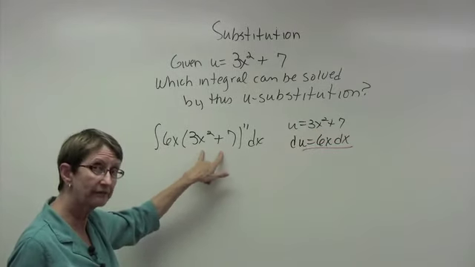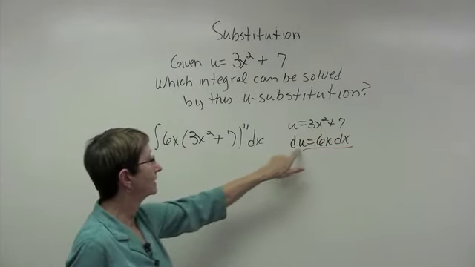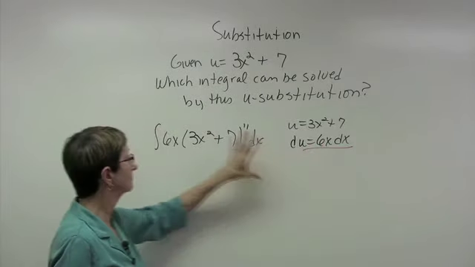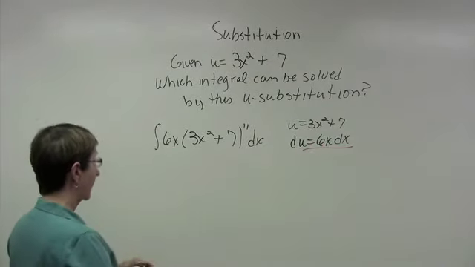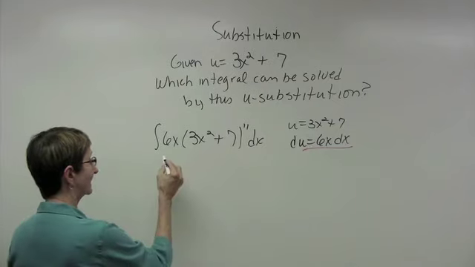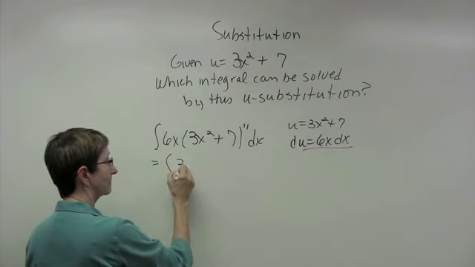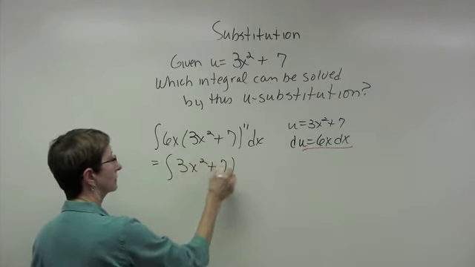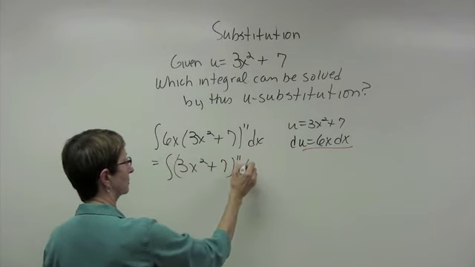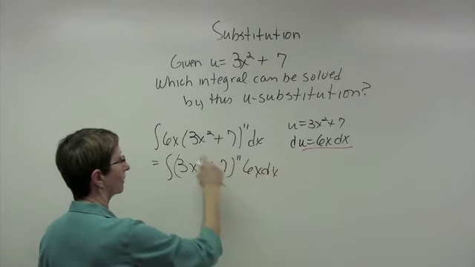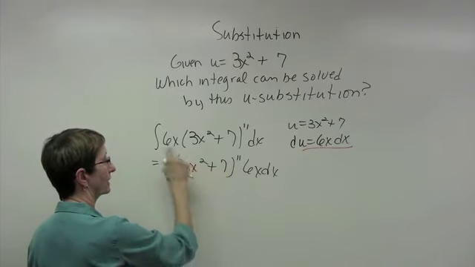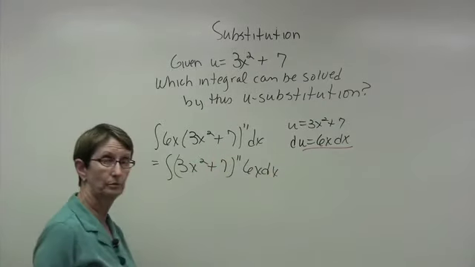It is the inside function. du is 6x dx. It's on the outside. I could rewrite this so it is in the basic order of the u part and then the du, where I write this with the u in it first, and then all of this together is du.